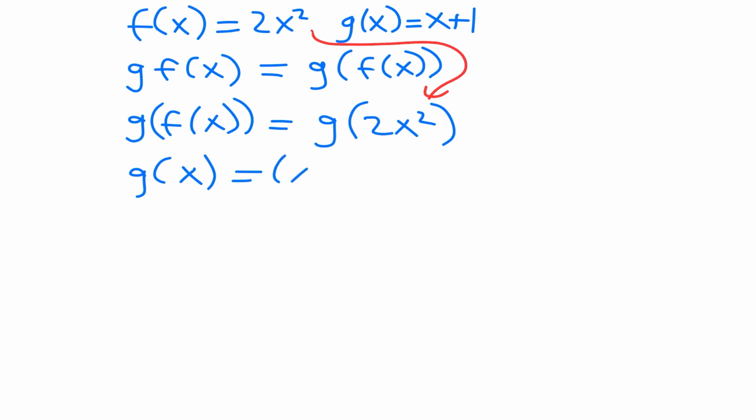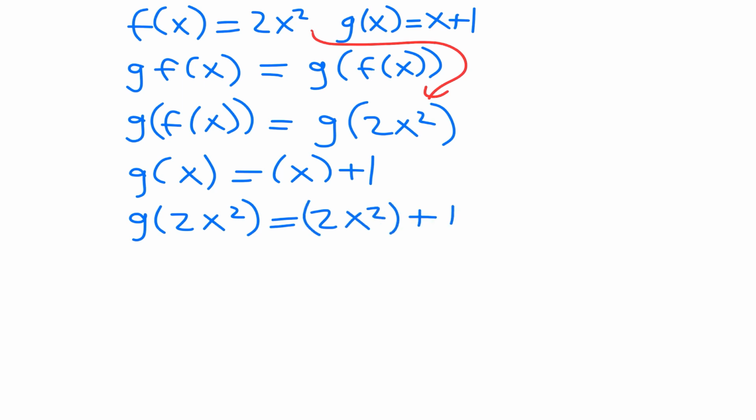So we know that this g of x is equal to x plus 1. I'm just going to write a bracket around the x. So we now just replace all these x's with 2x squared. And when we do this, this is fairly simple to simplify. This is just 2x squared plus 1.